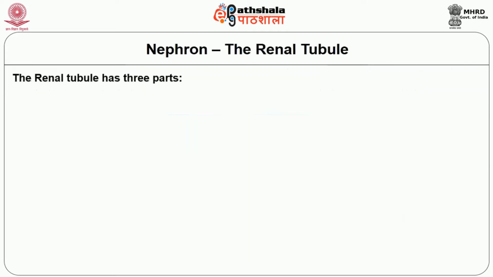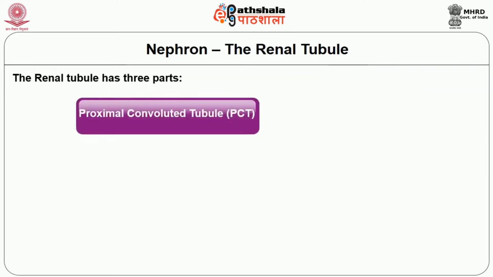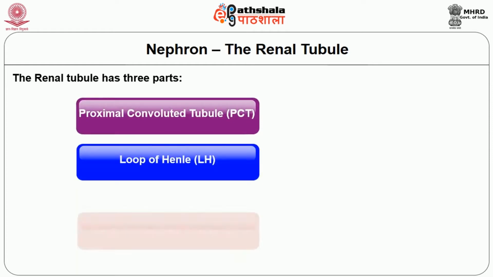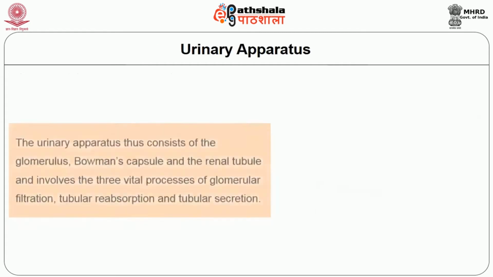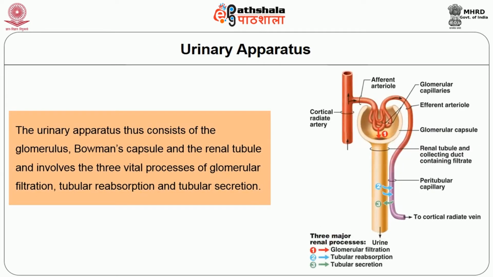The renal tubule has three parts, the proximal convoluted tubule, loop of Henle, and the distal convoluted tubule. The urinary apparatus thus consists of the glomerulus, Bowman's capsule, and the renal tubule, and involves the three vital processes of glomerular filtration, tubular reabsorption, and tubular secretion.